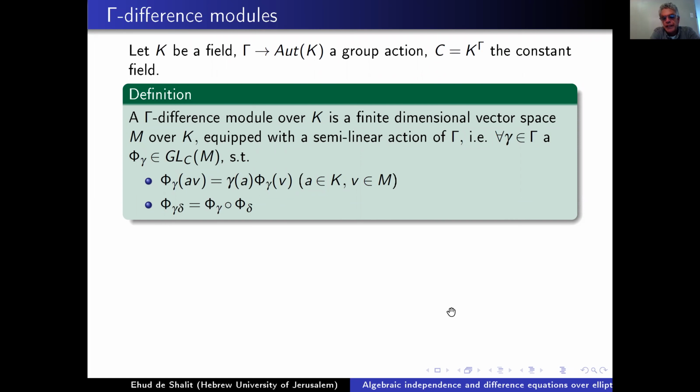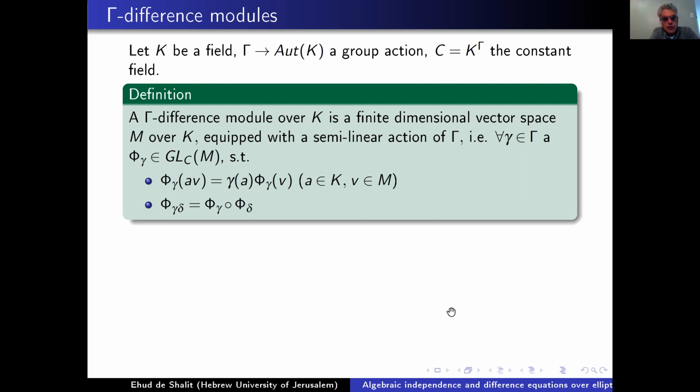In other words, for any gamma in gamma, you have an operator phi_gamma, which is an endomorphism as an abelian group, but it is gamma-linear. In other words, phi_gamma of a v is gamma(a) times phi_gamma(v), not a times phi_gamma(v), for a in the field and v a vector. And of course, it's a group action: phi_{gamma delta} is phi_gamma composed with phi_delta.